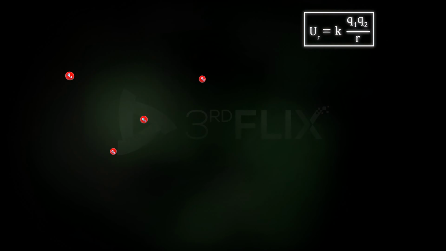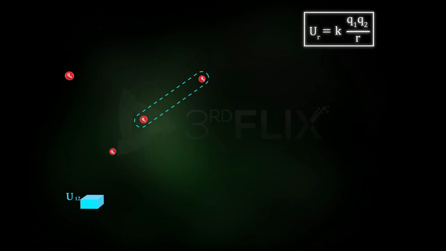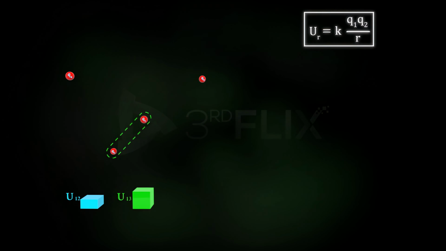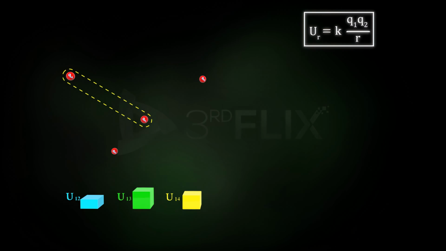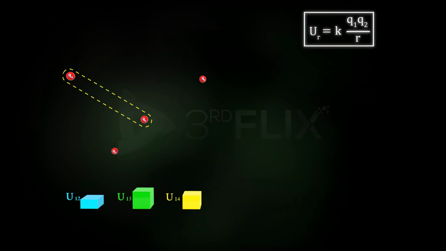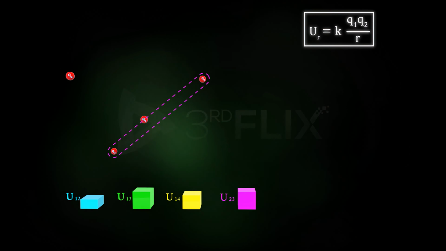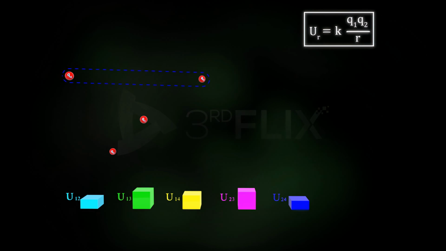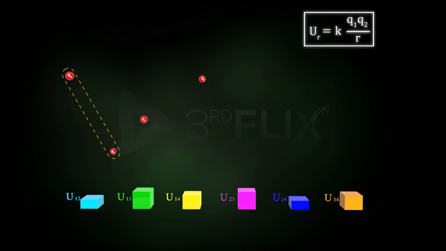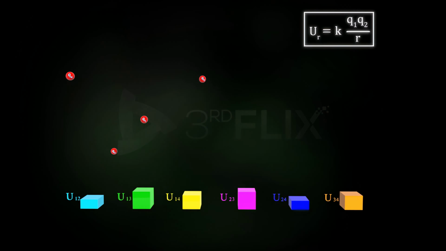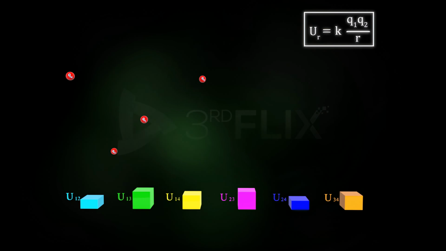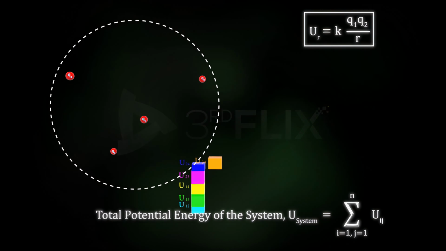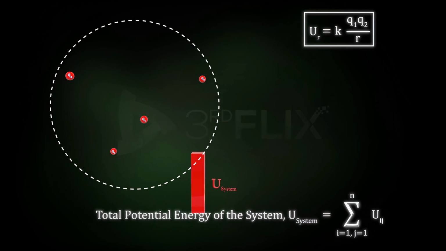If more than two charges are present, potential energy is associated with each pair of charges. Total potential energy of the system is equal to the sum of potential energies of all the pairs.